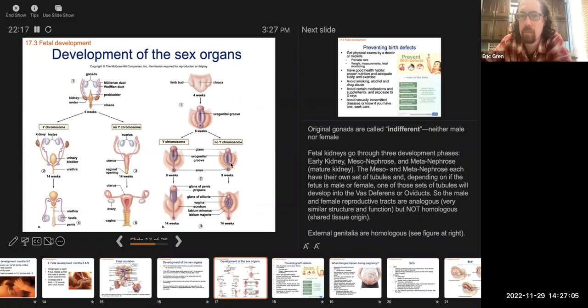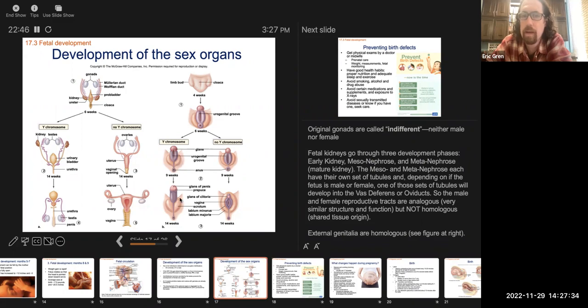So the labia minora are homologous. They're developed out of the same tissue as the shaft of the penis. Okay, and then the scrotum, shown here in kind of a light pink, is homologous, derived from the same tissue as the labia majora. So the external lips around the vulva are homologous to the scrotum.